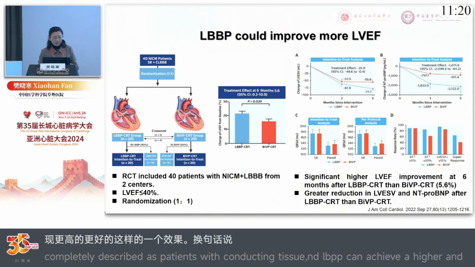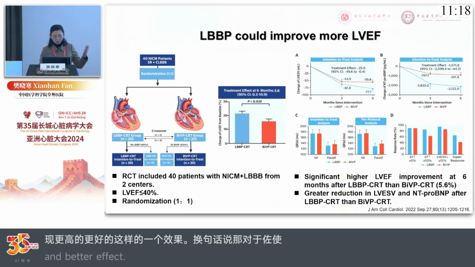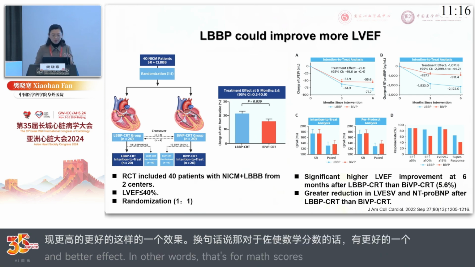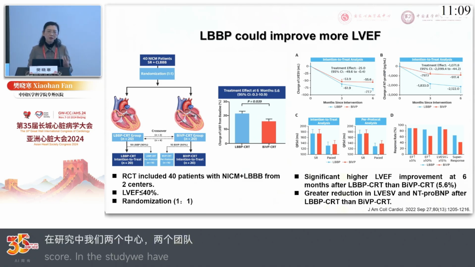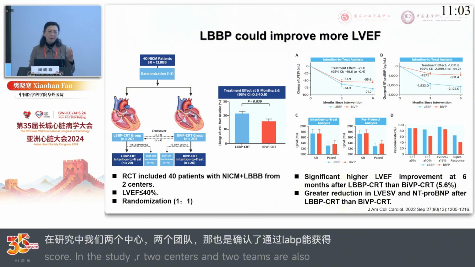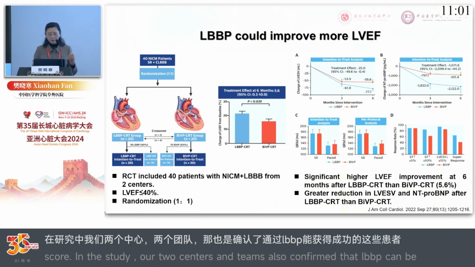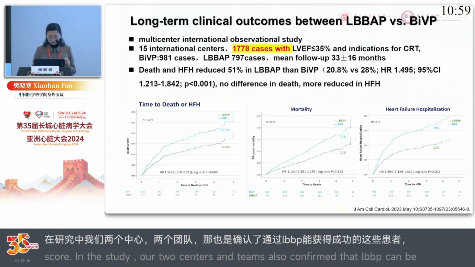In this study, our two teams confirmed each person had successful LBBP, not LBBAP. So in this group, we can see the better effect of LBBP.